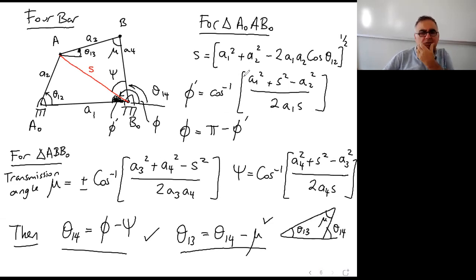So the solution is stepwise. We first solve for S, then solve for phi prime, then solve for phi, solve for mu and psi, and using these, you solve for theta 1,4 and theta 1,3, which means that this thing can be programmed to a programmable computer, as you see, or you can write a kind of an algorithm in order to solve for the unknowns of the 4-bar.